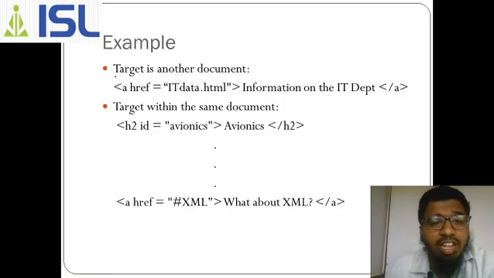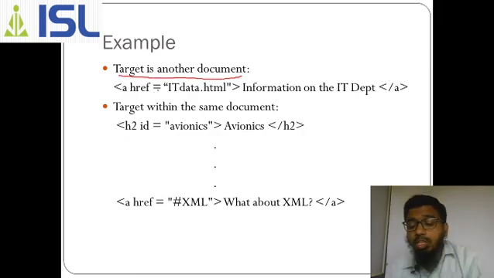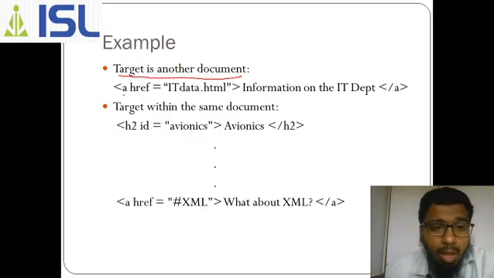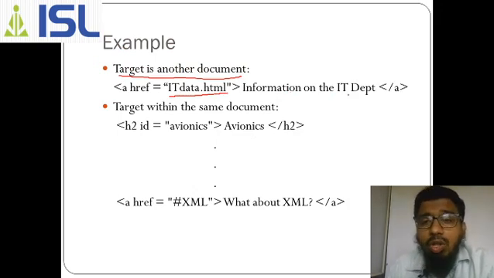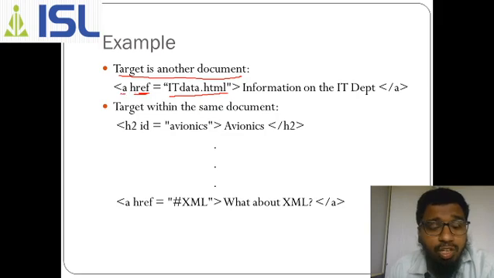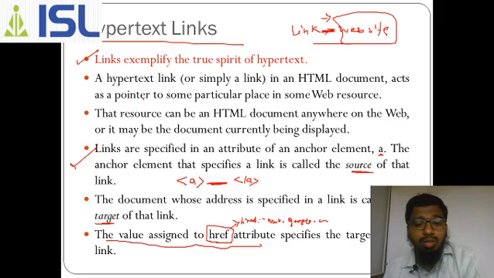Okay, see the example here. Target is another document. First this one, target is another document. A href is IT data HTML, information on the IT department. Okay, so this is href. We are using the a tag and we are using the href attribute. What is this href attribute?